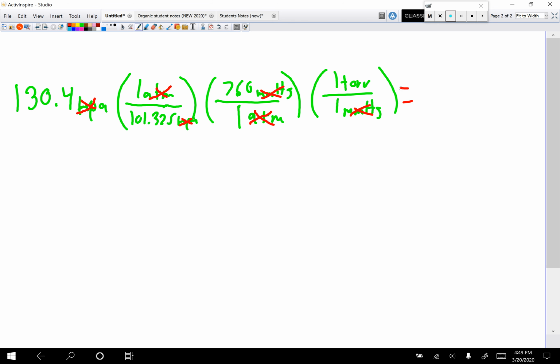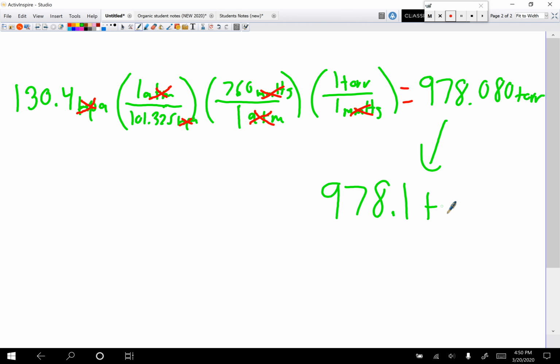Going through all those steps, we end up with our answer of 978.080 torr, which equals 978.1 torr with our 4 significant digits. All right, so that's the big one where you can use multiple conversion factors.